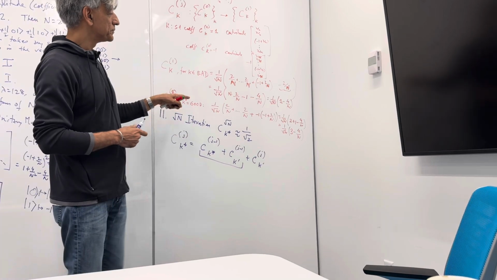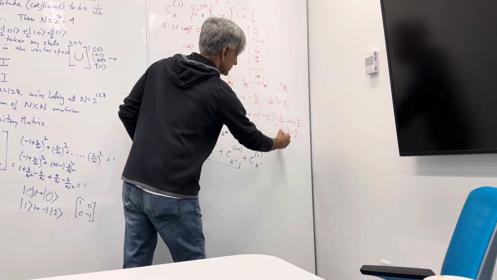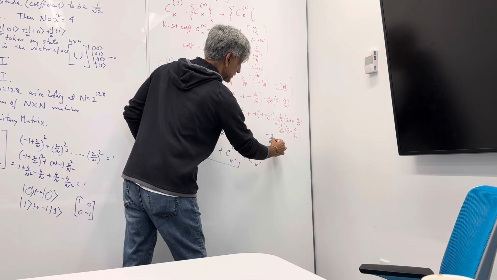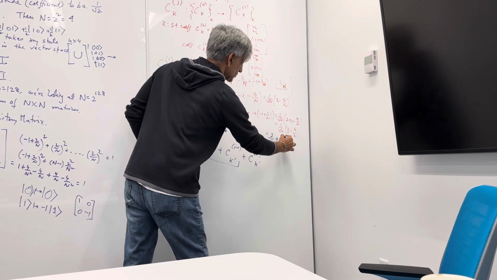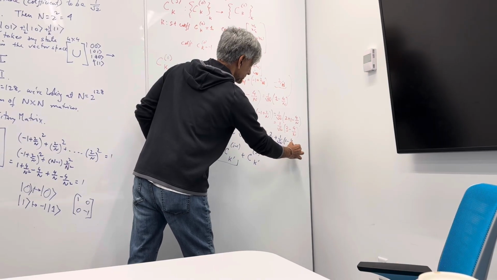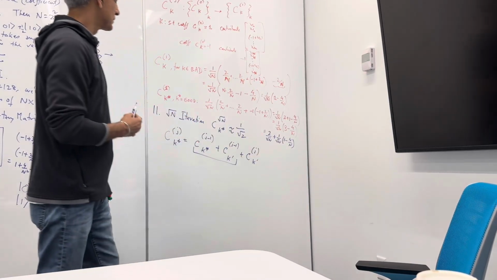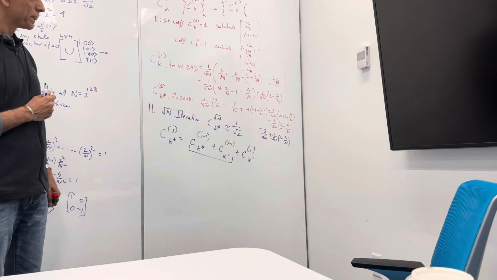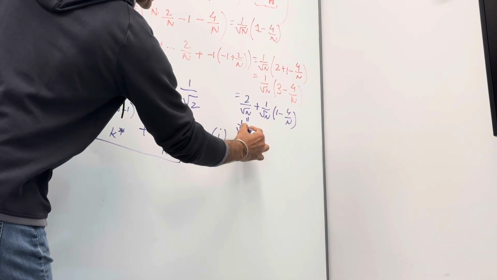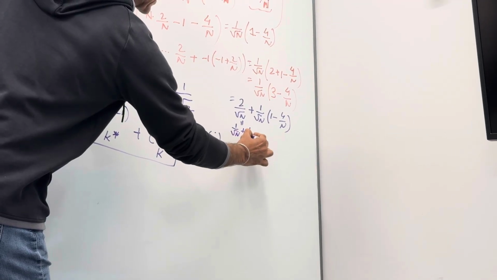If you notice that this quantity can be written as 2 by square root n plus 1 by square root n times 1 minus 4 by n. And this 2 by square root n can be divided as 1 by square root n plus 1 by square root n.